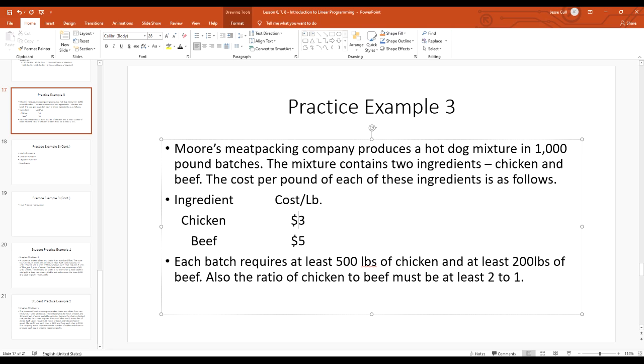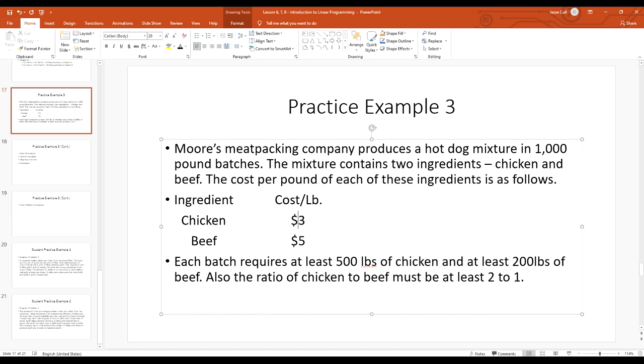So let's begin. Let's quickly review the question we're looking at. This is our third practice example. Moore's Meatpacking Company produces a hot dog mixture in 1,000-pound batches. The mixture contains two ingredients, chicken and beef. The cost per pound of each of these ingredients is as follows.